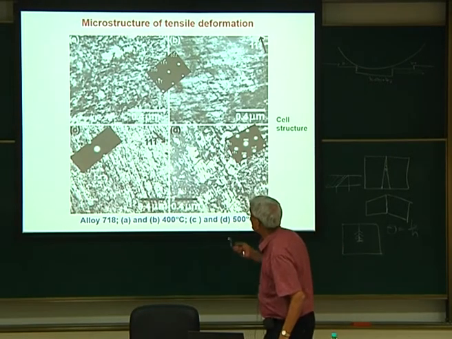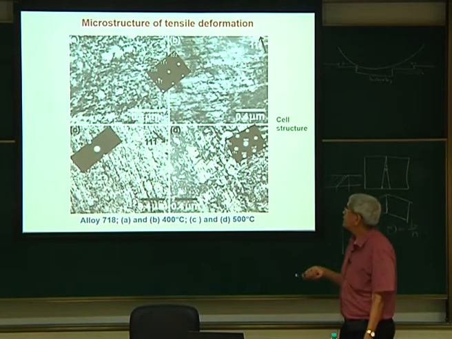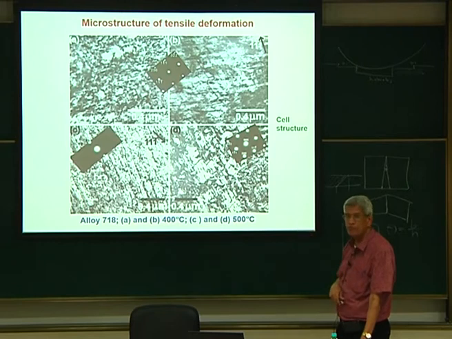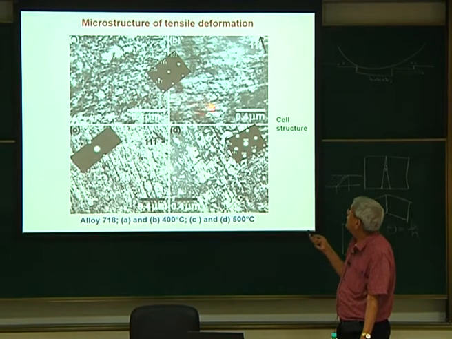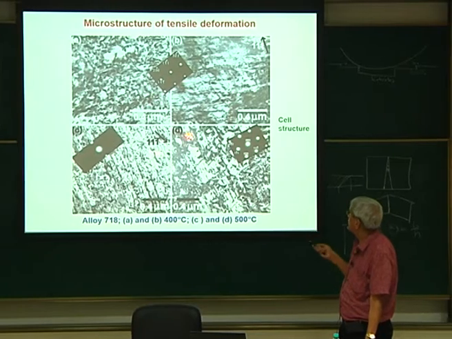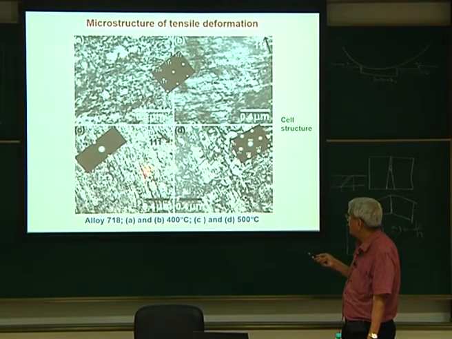This is a nickel-based superalloy which has been deformed in tension. Here, this is close to room temperature. As the temperature has been increased, this is 400 and this is 500. You can see that some of these regions are free of dislocations.